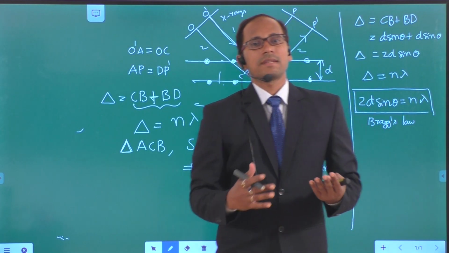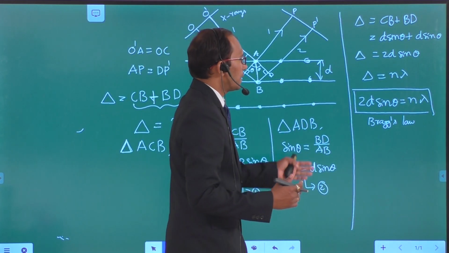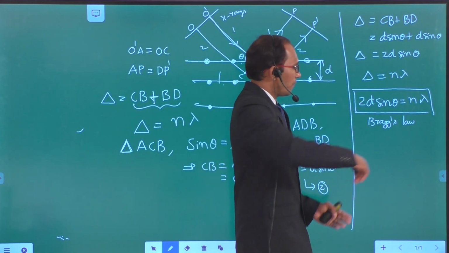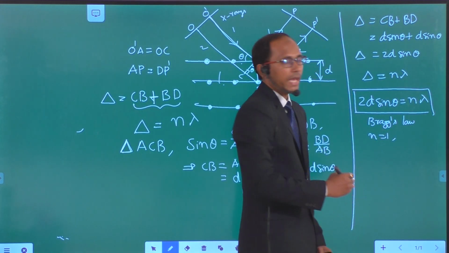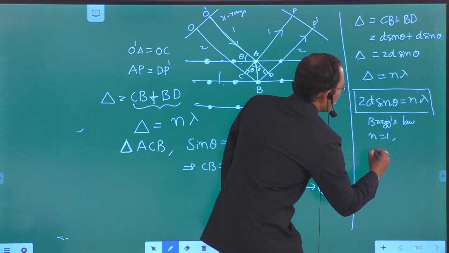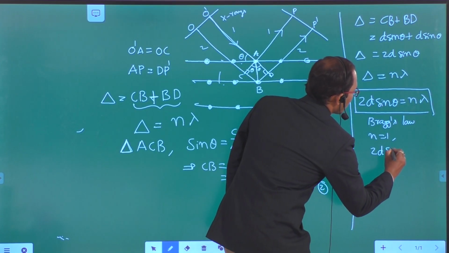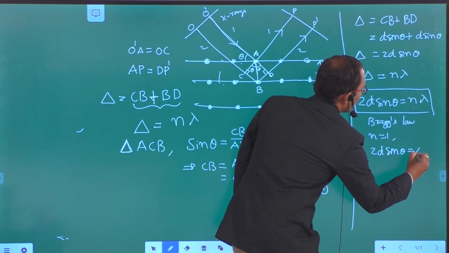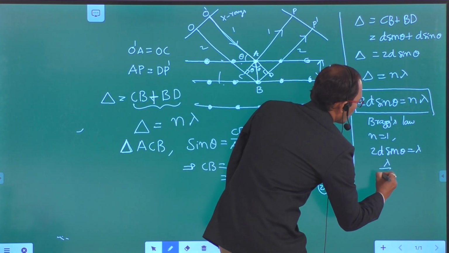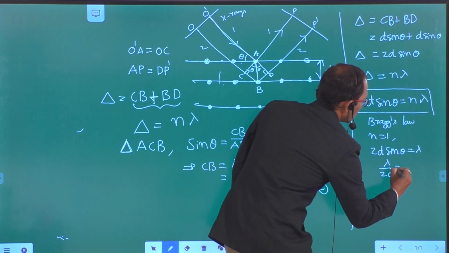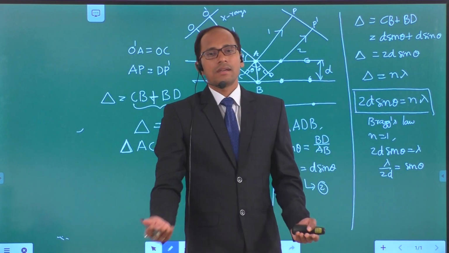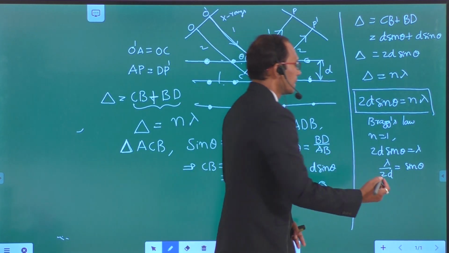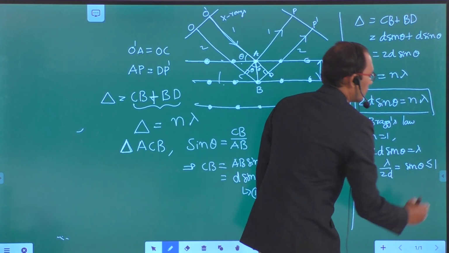Bragg's law also has some limiting conditions. What is the maximum value? For example, we always look at first order diffraction, that means n is equal to 1. Then 2d sin theta is equal to lambda, so lambda by 2d is equal to sin theta. The maximum value of sin theta is 1, so sin theta is always less than or equal to 1.